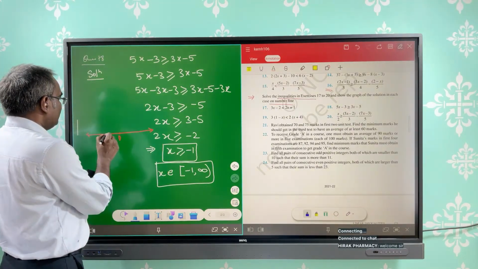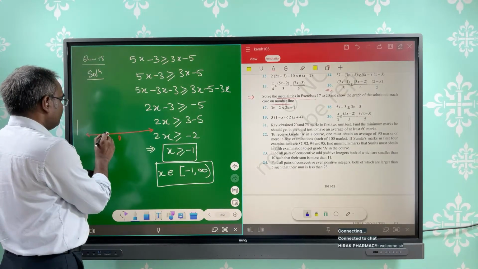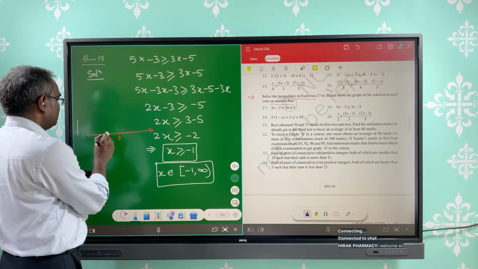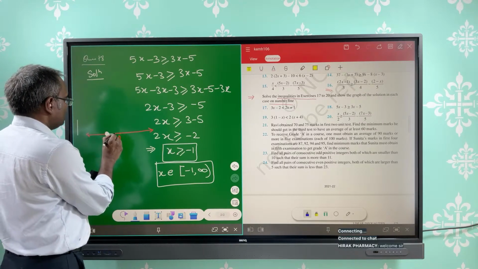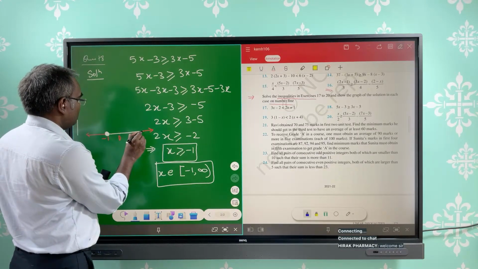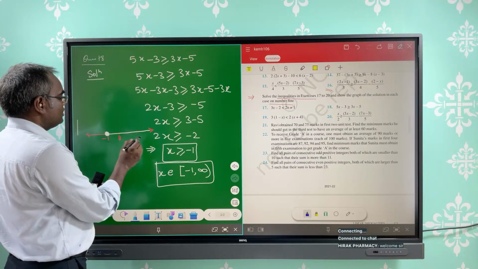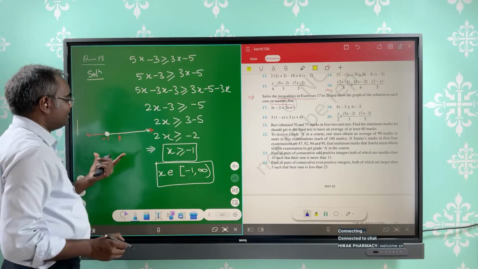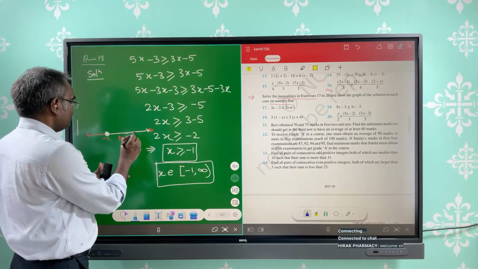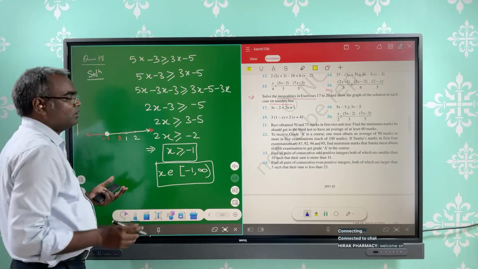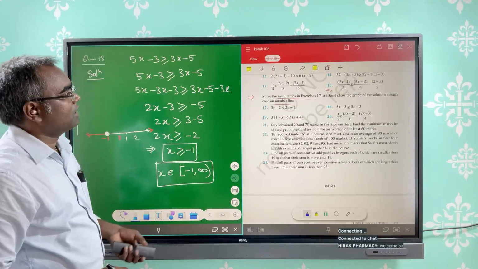Equality is also there, so we will keep minus 1 in the solution. So we will fill the circle, right? After that, we will draw the solution along the number line starting from minus 1 towards infinity. This represents graphically the solution for the inequality.